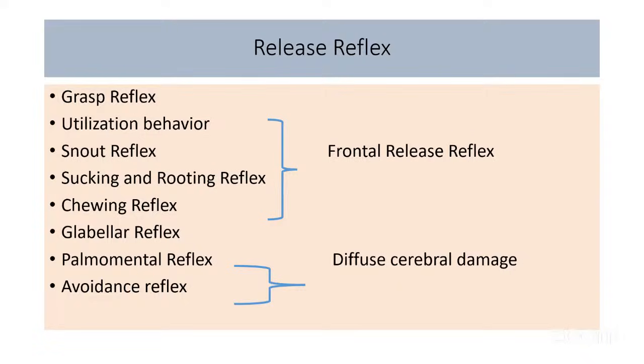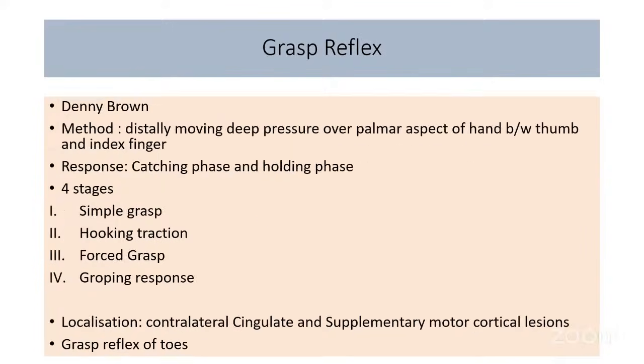And palmomental reflex is seen when we tap with a blunt object on the thenar eminence. There will be a dimple in the chin region. It is mainly seen in diffuse cerebral damage.